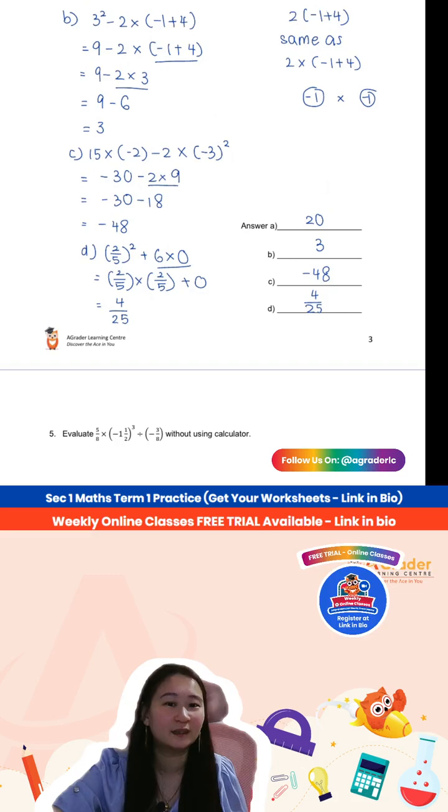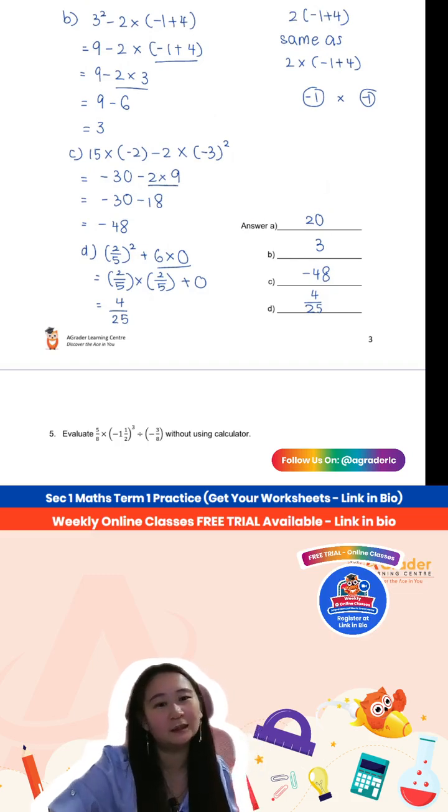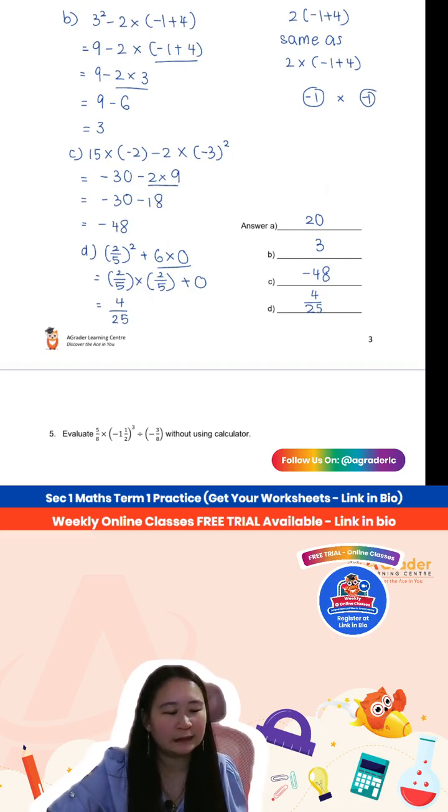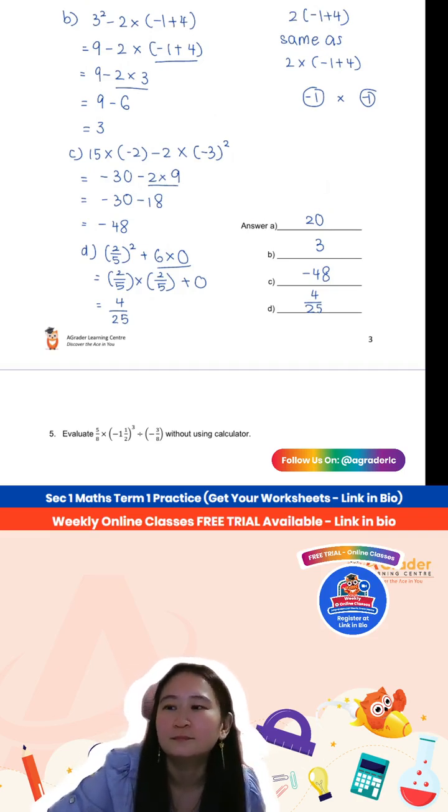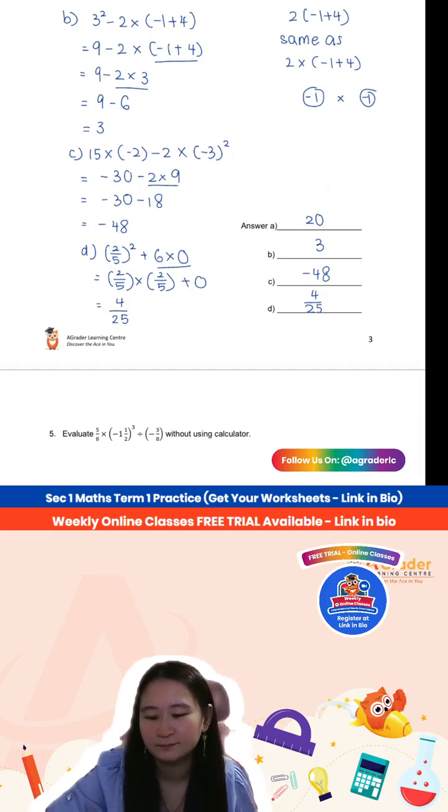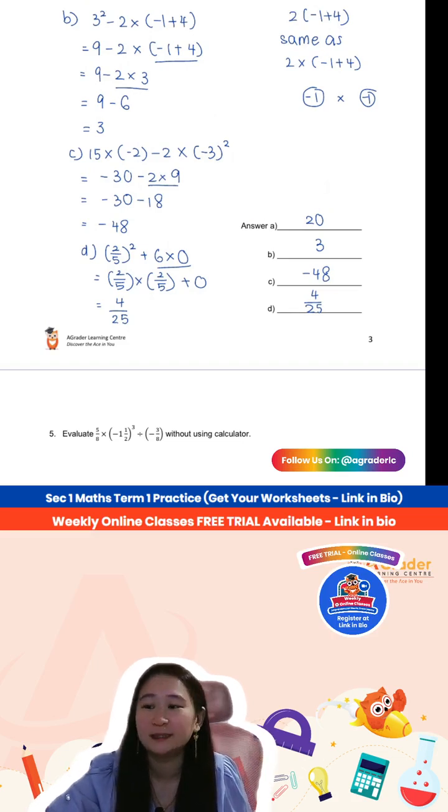Technically you can still use a calculator for all the papers for math in secondary school, but when they say without using a calculator, it means you have to show your working clearly. Those who are done with question 5 can send in your answers.